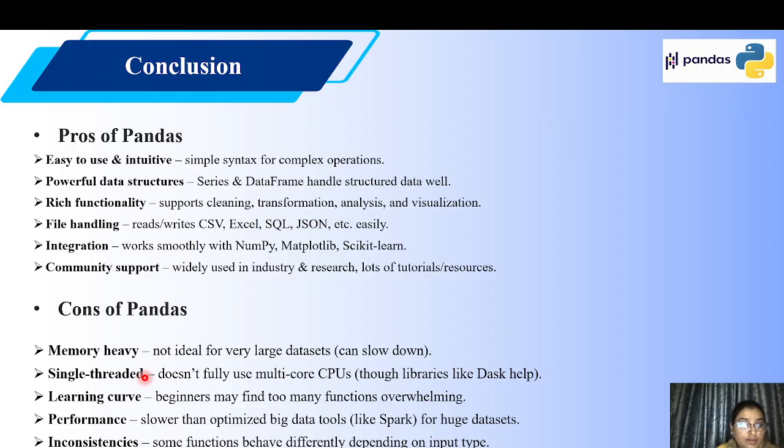But there are some cons also. It is not ideal for very large data sets. For large data sets we have Dask and Spark, and these tools are very useful for them. Also there is the learning curve, which means beginners may find too many functions overwhelming. For example, when I repeat the loc function, it is overwhelming for users to repeat those functions again and again. So the primary con of pandas is that it is not ideal for very large data sets.